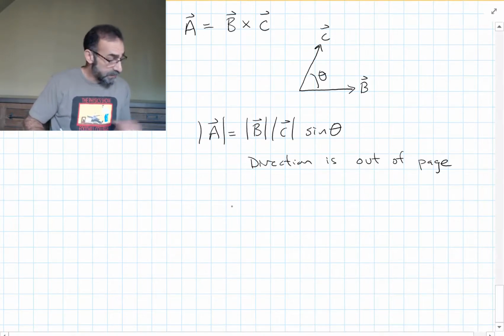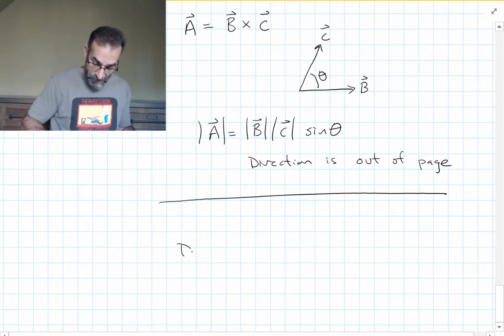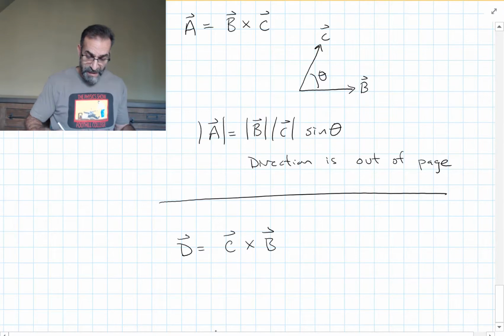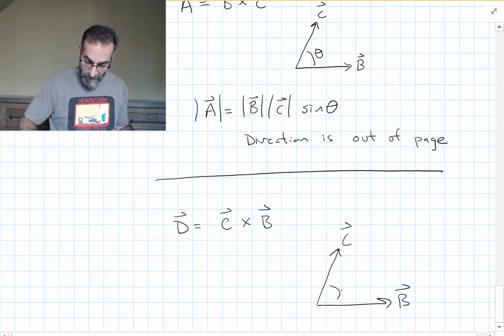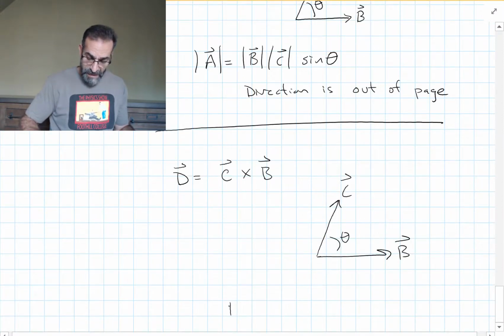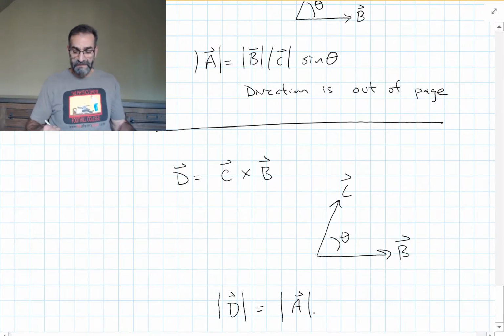What would happen if I flipped the order? What would happen if I came up with another vector? I'll call it D. I did C cross B instead of B cross C. I flipped the order of the two vectors. B is the same. C is the same. The magnitude of D is equal to the magnitude of A. But what's different?